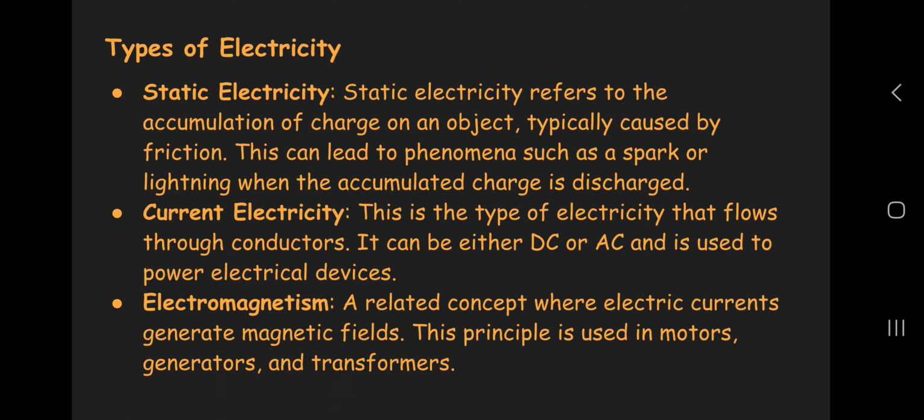Types of electricity. Basically, these are the three types of electricity. The first one is static electricity. Static electricity refers to the accumulation of charge on an object, typically caused by friction. This can lead to phenomena such as a spark or lightning, where accumulated charge is discharged.